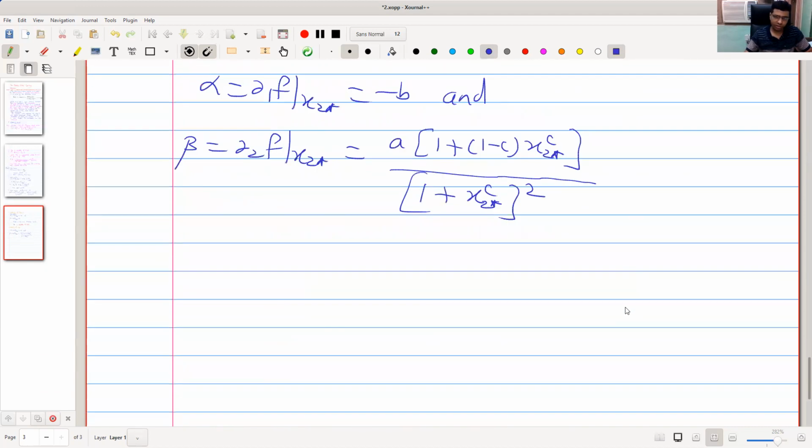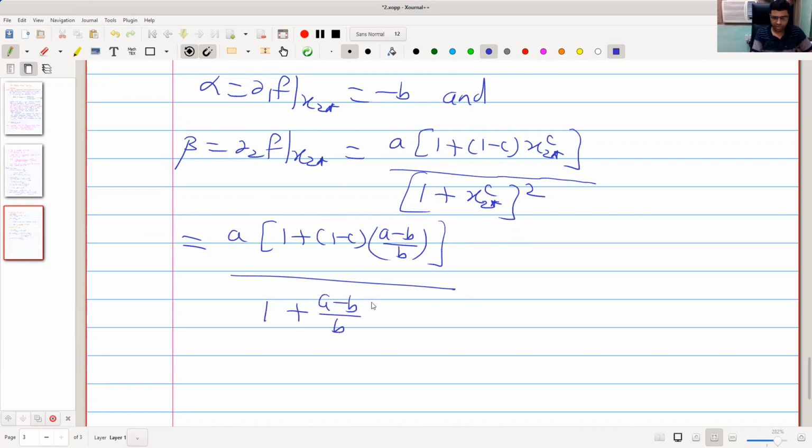Now we substitute the value of x2 star. So x2 star raised to c is (a minus b) divided by b. So this is a into (1 plus (1 minus c) into (a minus b) divided by b) divided by (1 plus (a minus b) divided by b) raised to 2. We can simplify this.